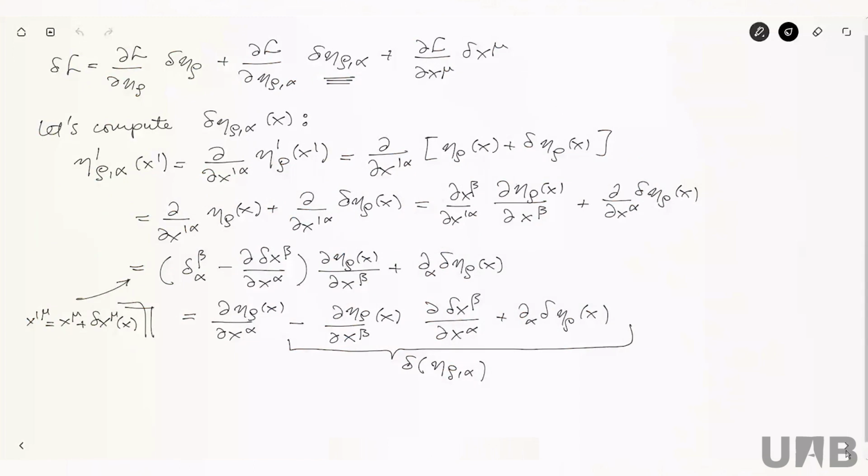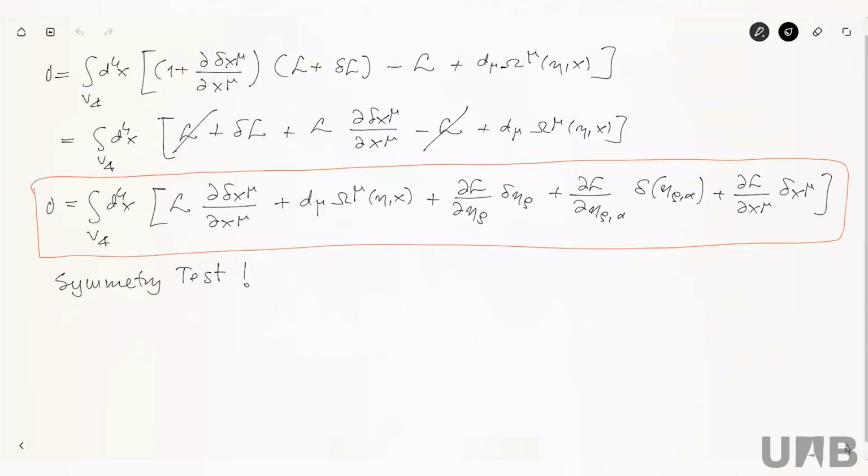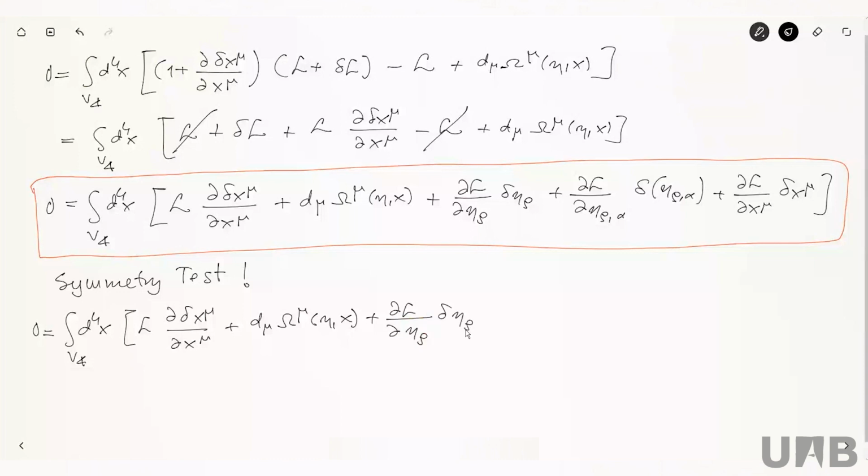All right, so this 0 is the integral d4x over b4 of L derivative of delta x mu with respect to x mu plus d mu omega mu of eta and x plus derivative of L with respect to eta rho delta eta rho plus derivative of L with respect to eta rho comma alpha.